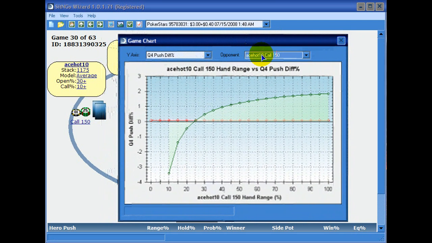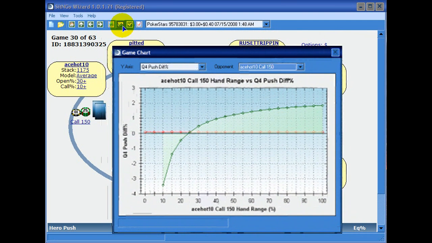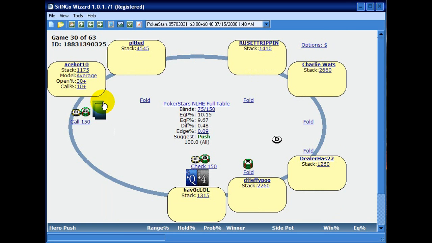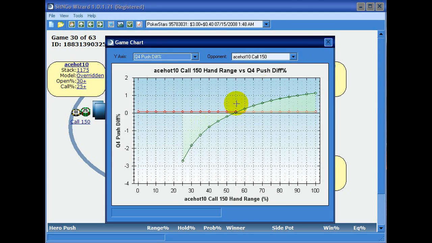So here, if we click here, which is the graph, we can see what percentage of times he must call our push for us to make our push unprofitable, and it shows that at about 25% of his range.